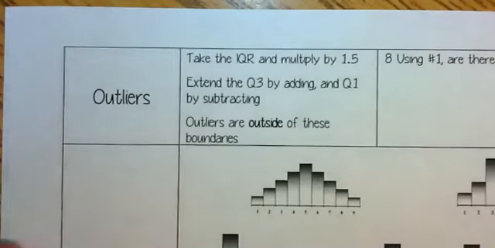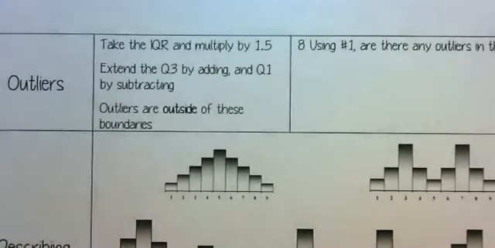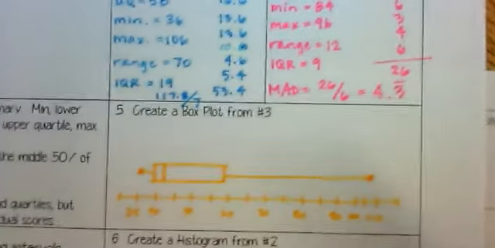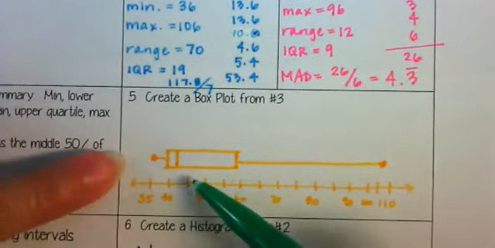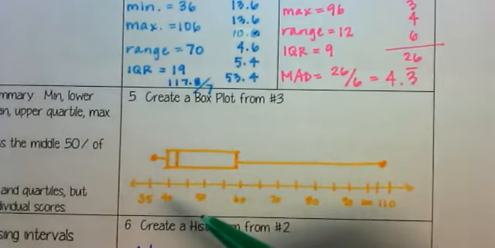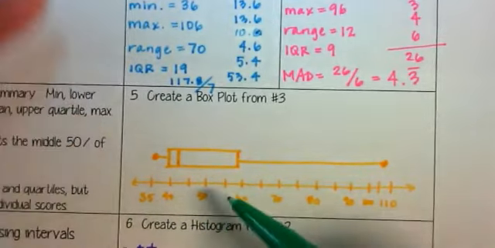So for this one, we are going to use number 1, and I'm actually going to go look at number 5, because all of this is related. So on number 5, we did a box plot, and I like to use the box plot when I do the outliers, and I'll show you why in just a second.